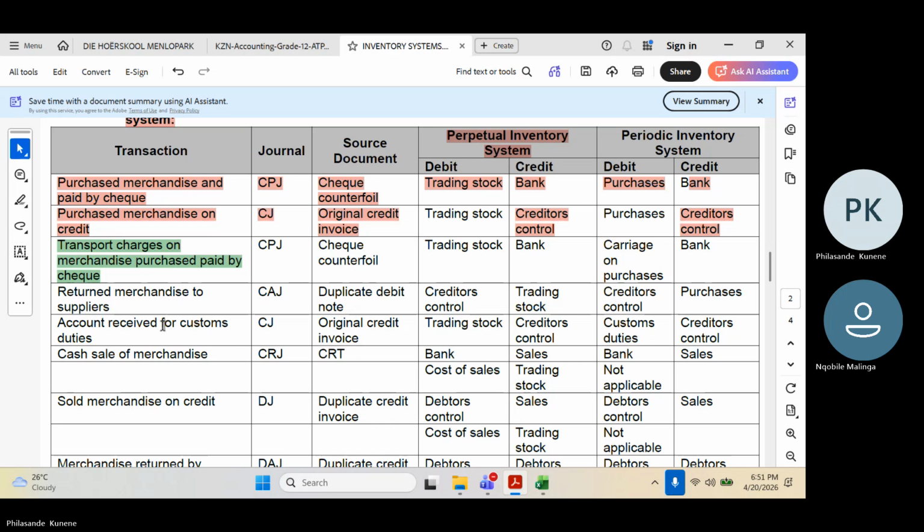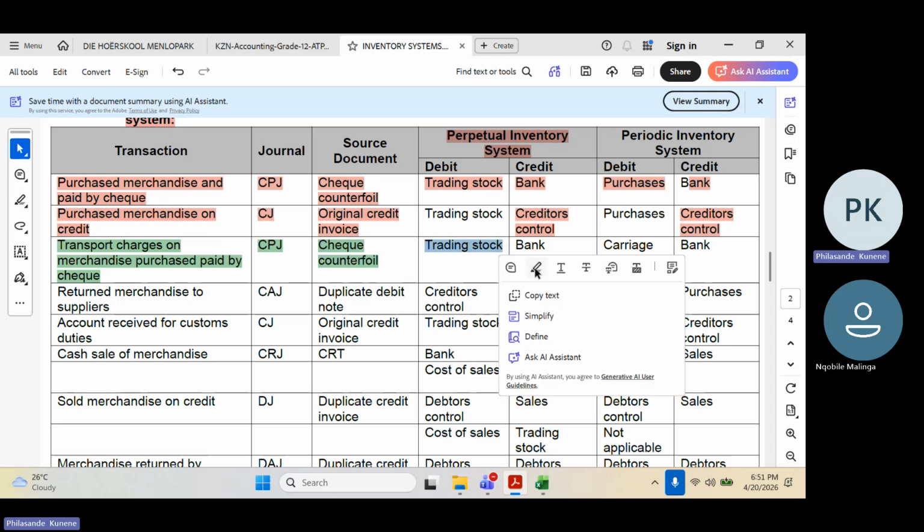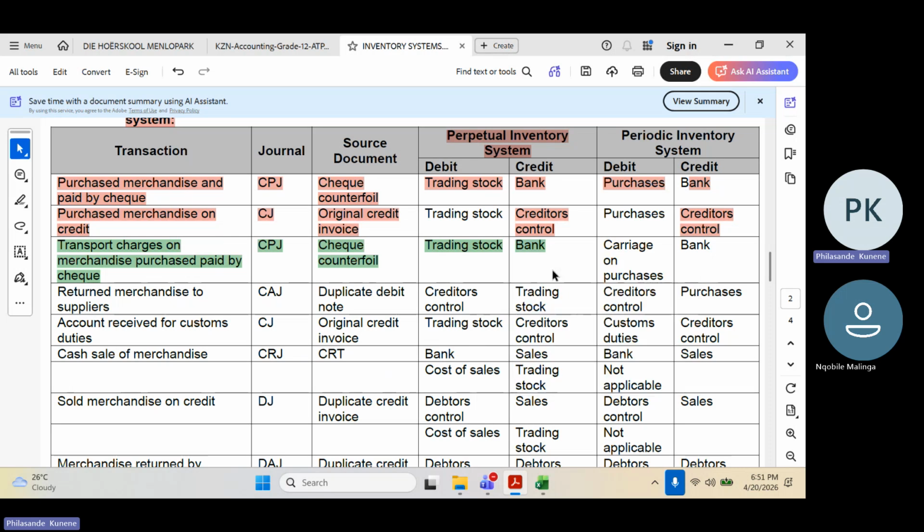Okay. Now, how do you record that? Transport charges on merchandise purchased by check. Obviously, that is going to be CPJ, and then check counterfoil. Okay, that is fine. We're debiting trading stock and then we're crediting bank. Okay. That is under perpetual inventory.